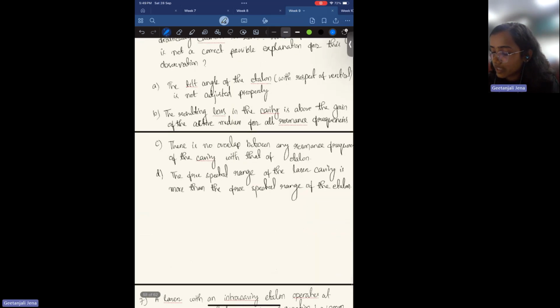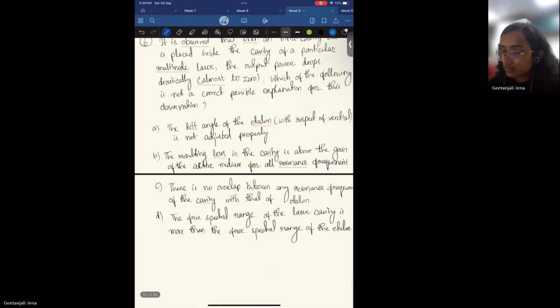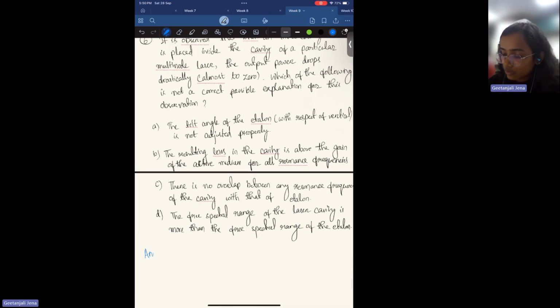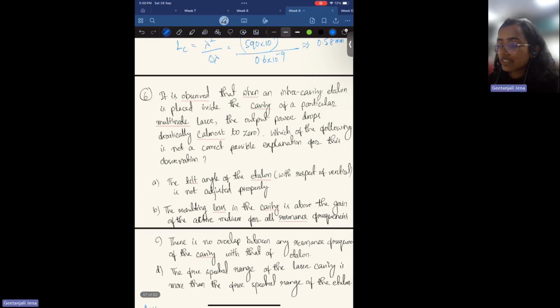So now let us move to the next problem. The next problem is a conceptual one. It says, it is observed that when an intracavity etalon is placed inside the cavity of a particular multimode laser resonator, then the output power drops drastically to almost zero.